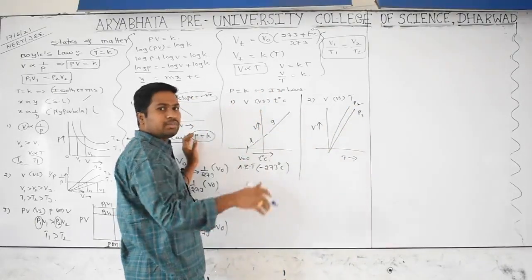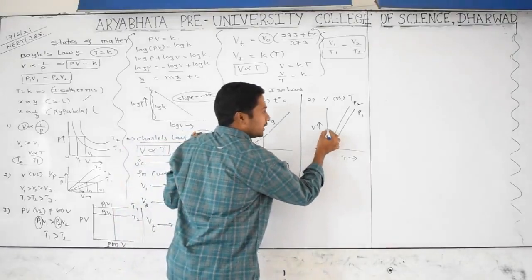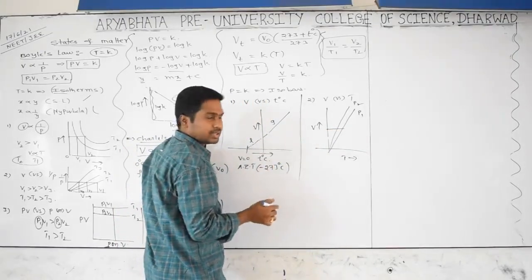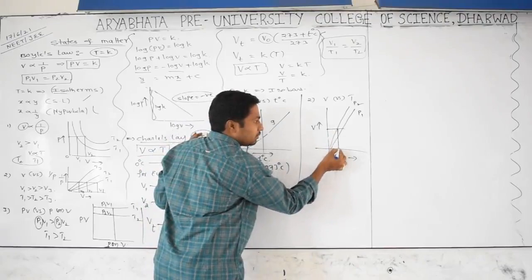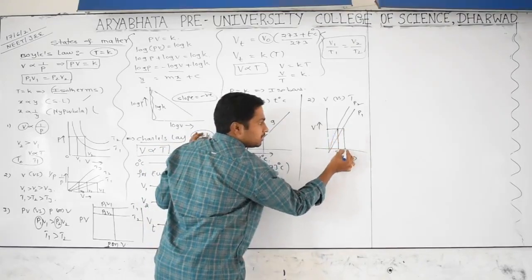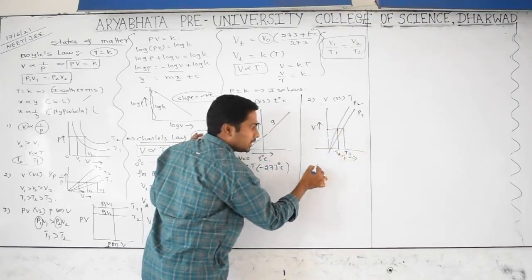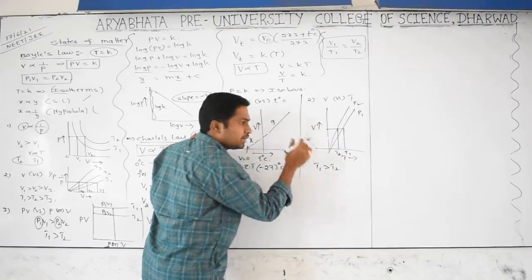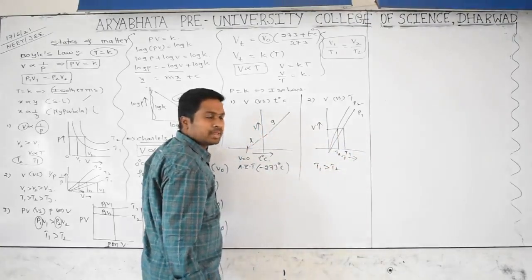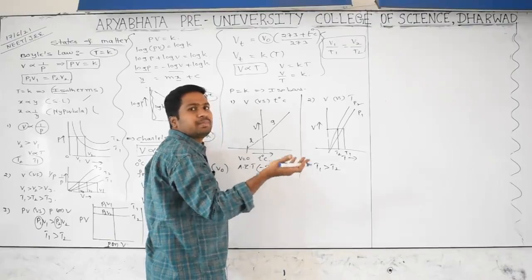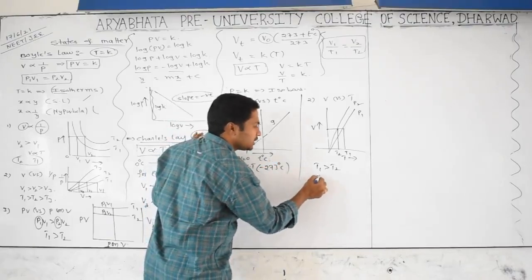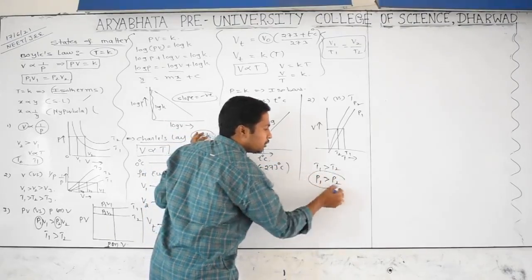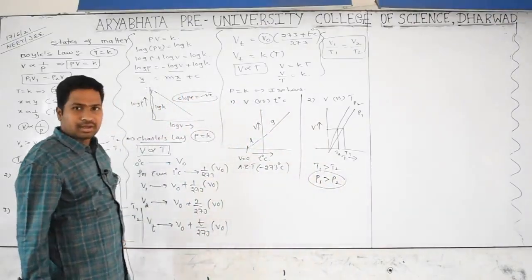I want to get the relation between P1 and P2. Fix any one point on the constant axis. Here we get T2, and this is T1. T1 is more than T2, and the corresponding pressure is high. As the temperature increases, pressure also increases. That's why P1 is greater than P2. All of you clear? Yes.